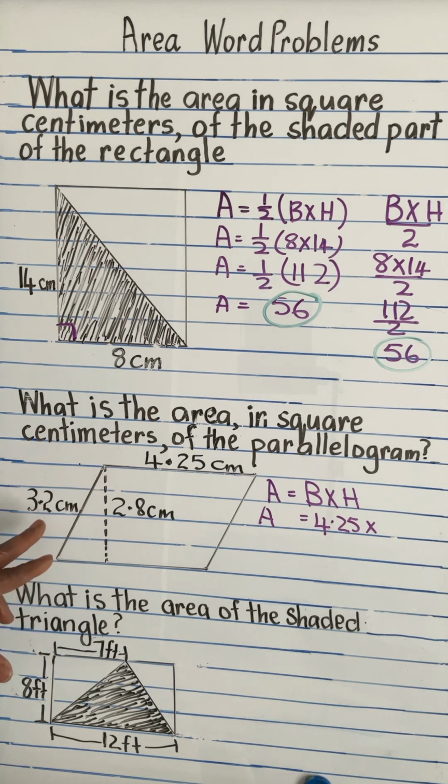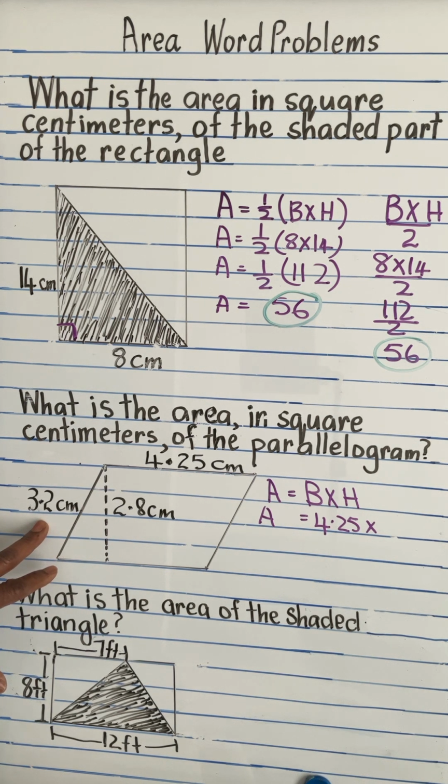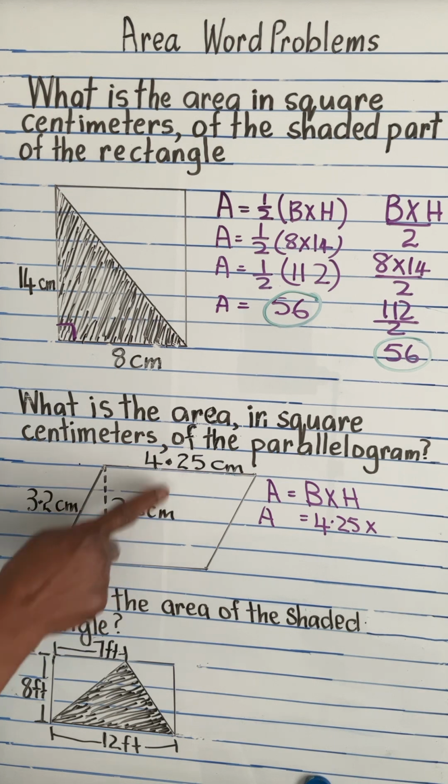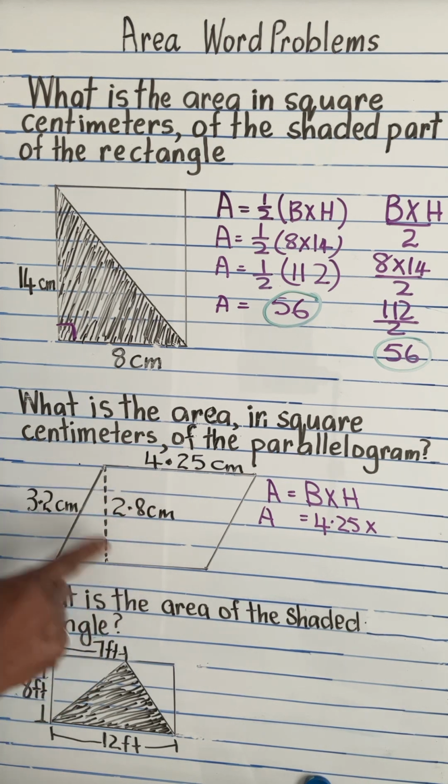So even though we have this right here, it's not a straight line, so this is not the height. So don't be turned off by any measurement, anything that is there to distract you. Remember, when we read our problem, we're only concerned with what is going to help us to solve the problem. Whatever else is there, we don't need if it's not necessary. So we only need the base and the height.